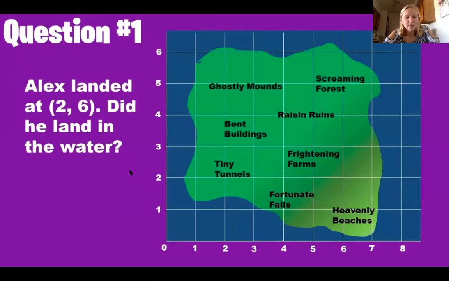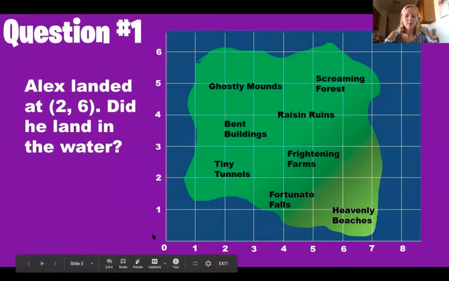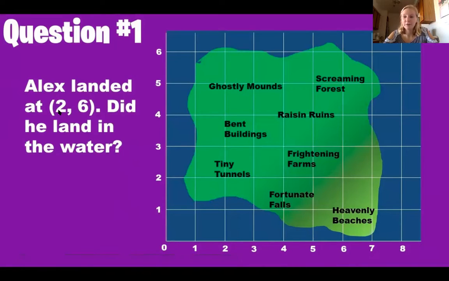All right, so Alex landed at 2, 6. Did he land in the water? Okay, so we're just gonna practice going over how to find 2, 6 on this graph first. Remember we use the x-axis first. This number 2, the first number listed, is always on the x-axis, and the x-axis is the horizontal axis.